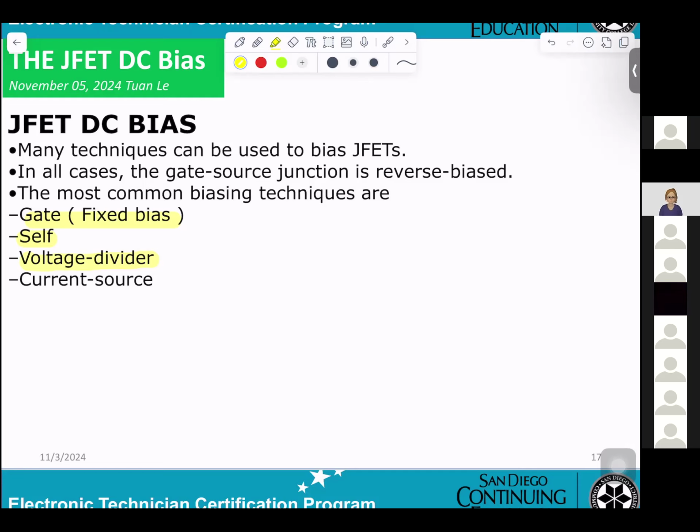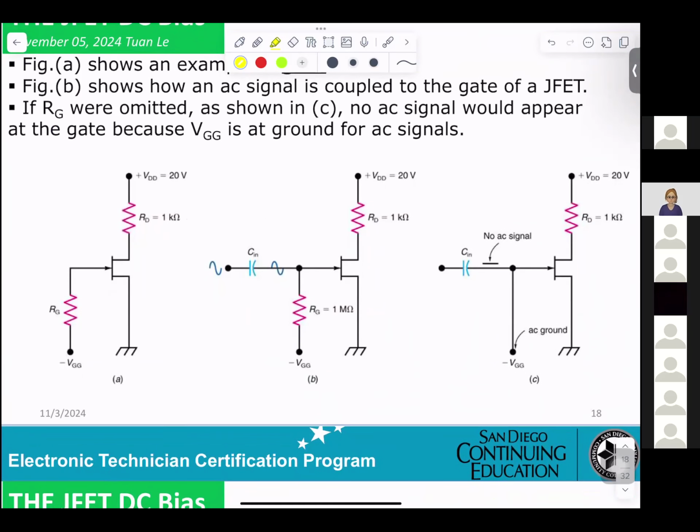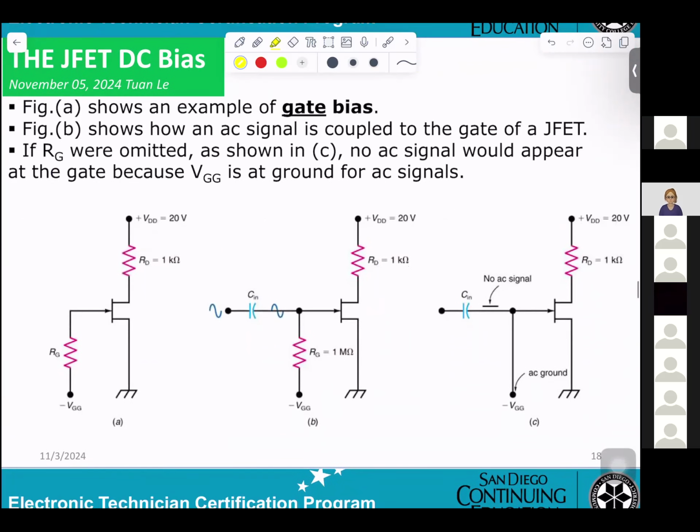First, what we're going to do is fixed bias. The second one will be self bias. And the next one, voltage divider bias. Now we see. This is the first one.